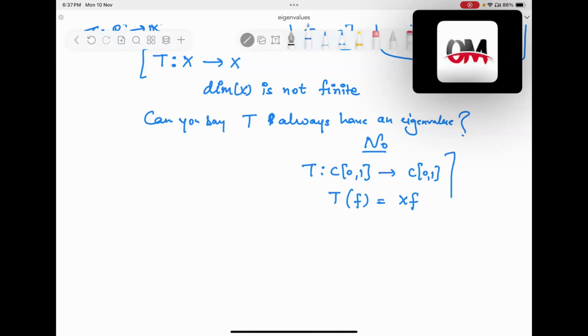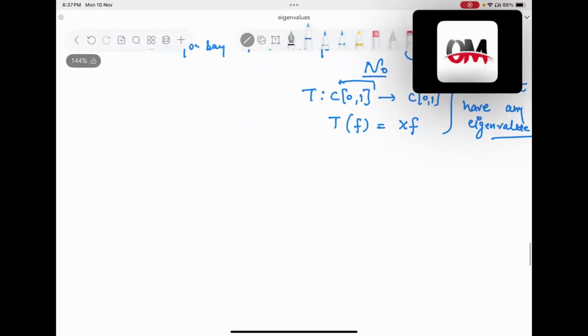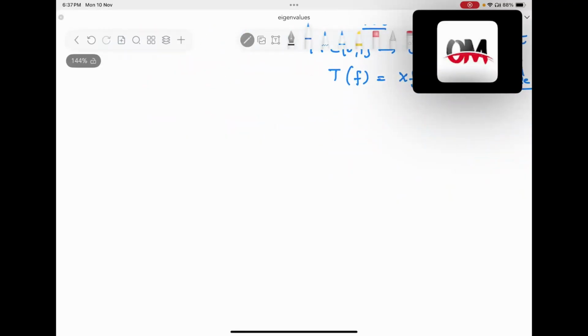Then, since C[0,1] is not finite dimensional, this operator does not have any eigenvalue. Now let's see some special cases.